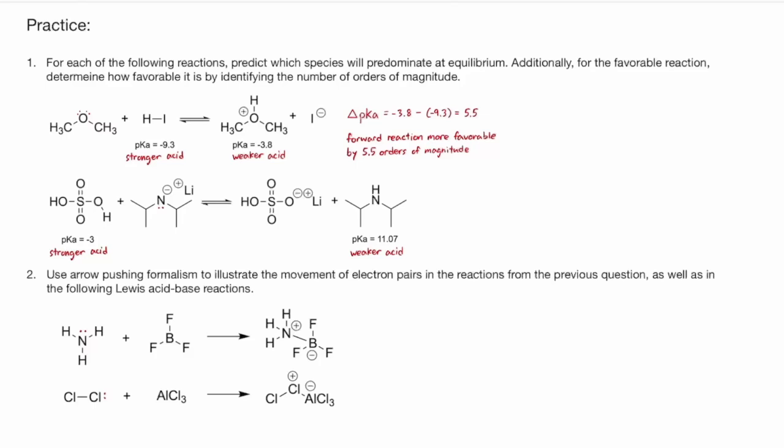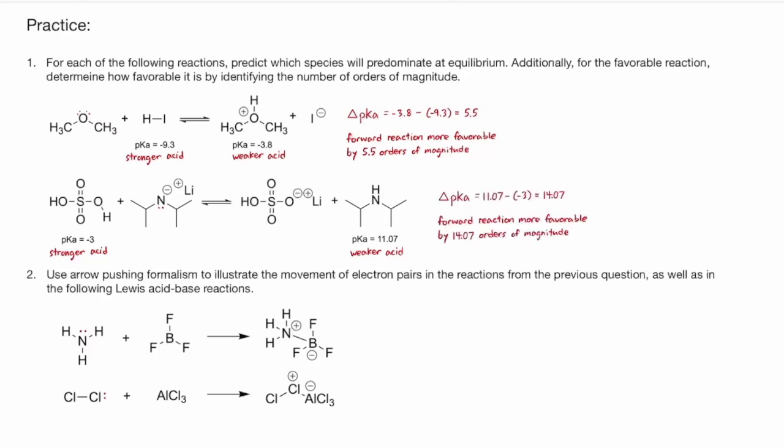Considering the molecule's pKa values as an indicator of proton affinity, we can see that the HN bond formed in diisopropylamine is stronger than the HO bond broken in sulfuric acid. Because acid-base reactions favor the formation of the acid with the higher pKa value, we can predict that the forward reaction is more favorable, specifically by 14.07 orders of magnitude.